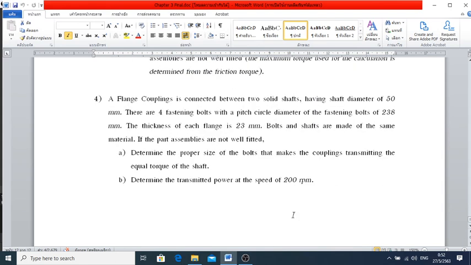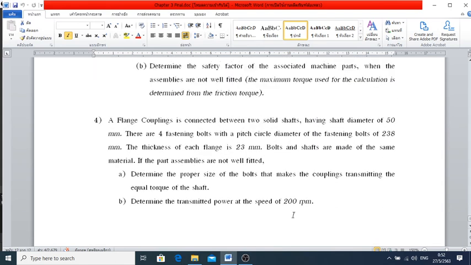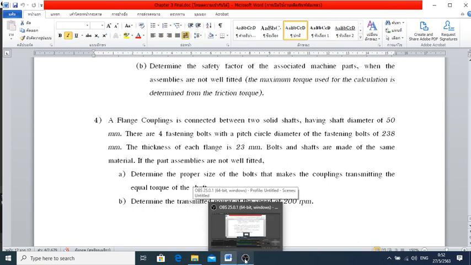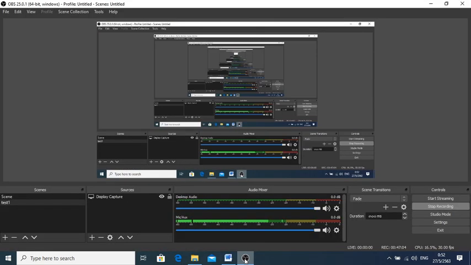And number 4, you can just do by yourself. This is it for the calculations of the flange coupling. I'd like to stop my lecture for today.